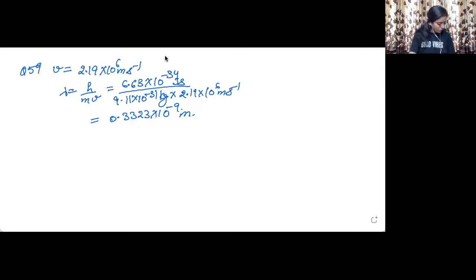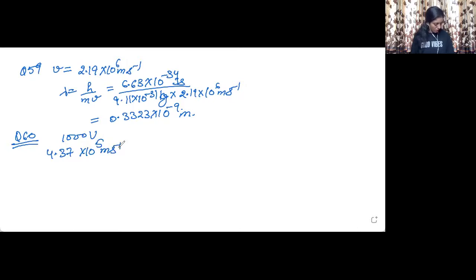Now let us move to question number 60. The potential difference has been given as 1000 volt, and the velocity of the proton is 4.37 into 10 raised to the power 5 meter per second.